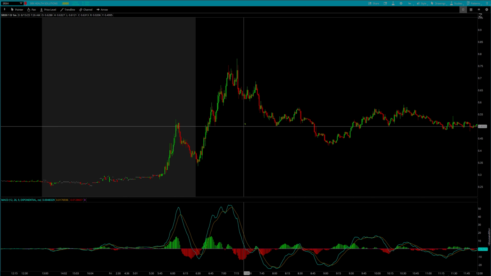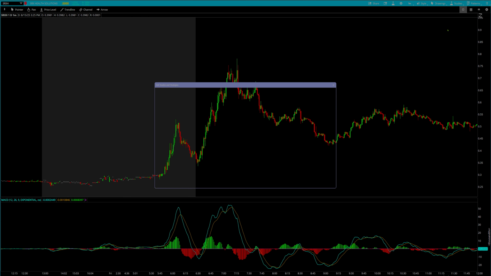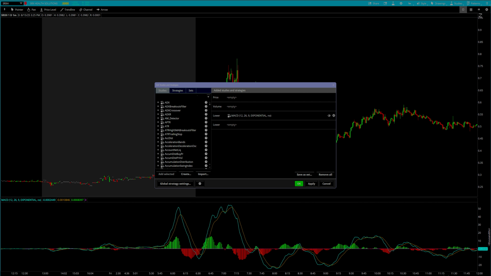On the chart itself, the other lines that will help you are the moving averages. We're going to look for the EMA. This EMA is good.